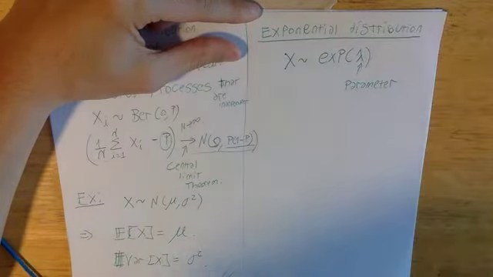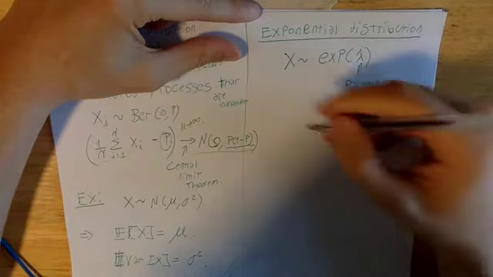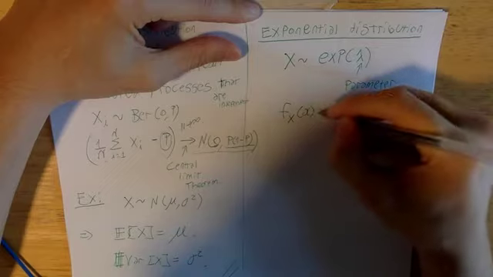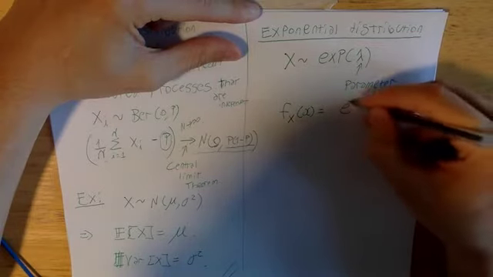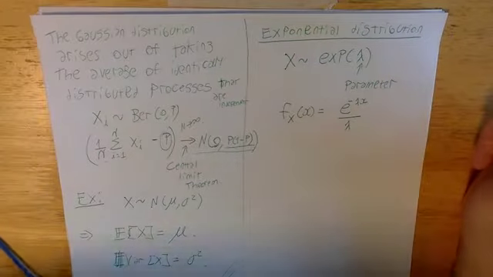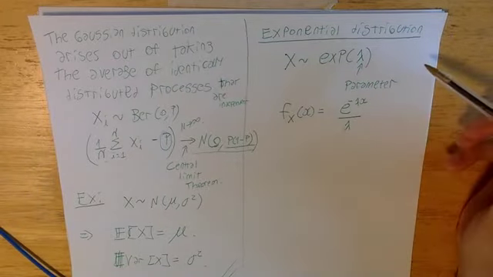So this is really similar to the discrete one, in which f of x at x is just e to the minus lambda x over lambda. This is the continuous version of the discrete one.